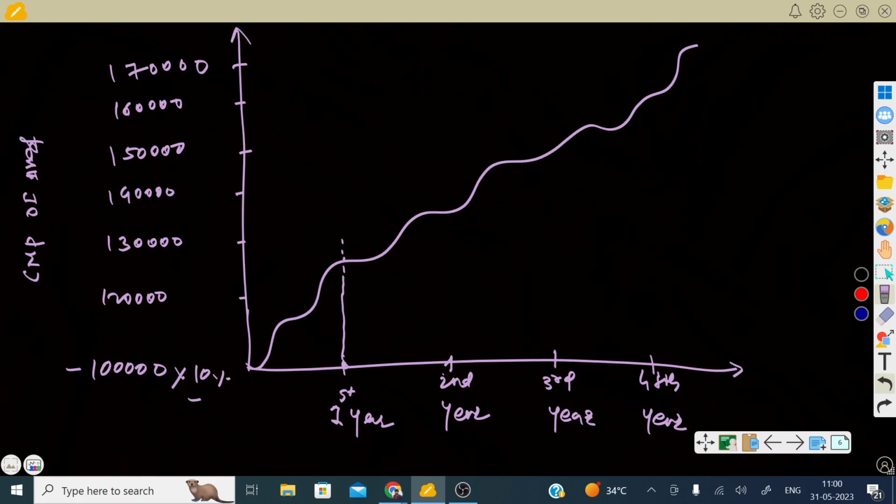See, I'll simplify it. Representation is important. I'll simplify it.